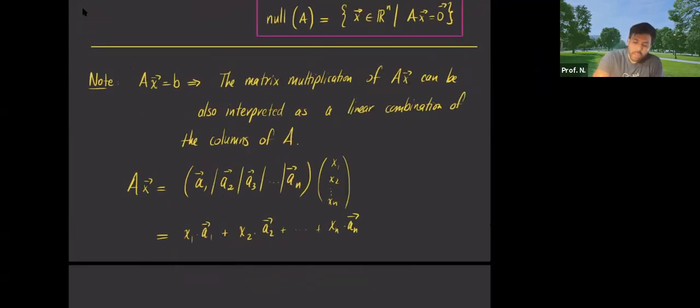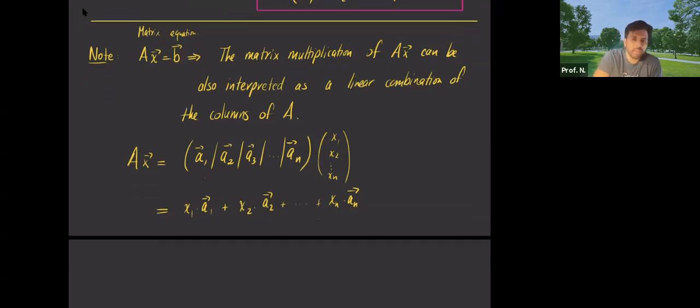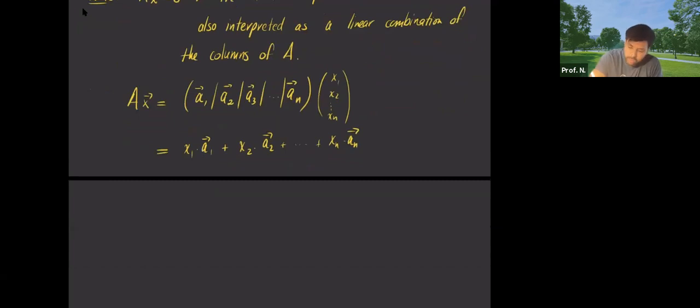So when you solve a matrix equation, as we've been solving for the past several months, when we're asking what column vector x, when you multiply by the matrix A, gives you the vector B, another way to reformulate that question is: is the vector B in the column space of A? So this is what I'm saying.